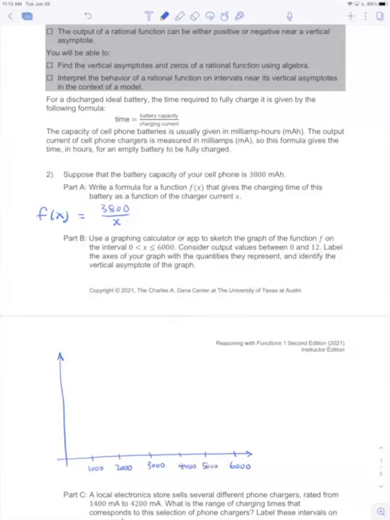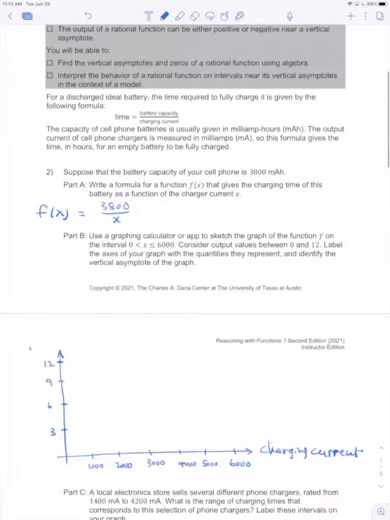Okay, and the horizontal axis is our charging currents. And we're supposed to go up to 12, so I'm just going to put a 12 up here, and that's about 6, 3, and 9. There we go. And this is our charging time. Let me just write that.